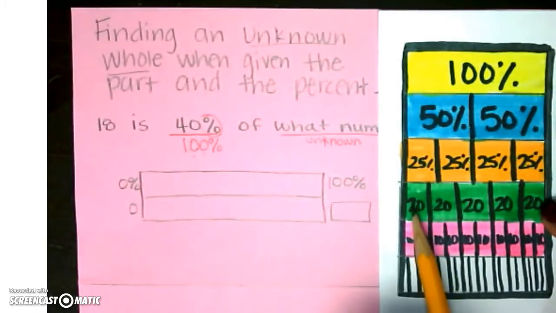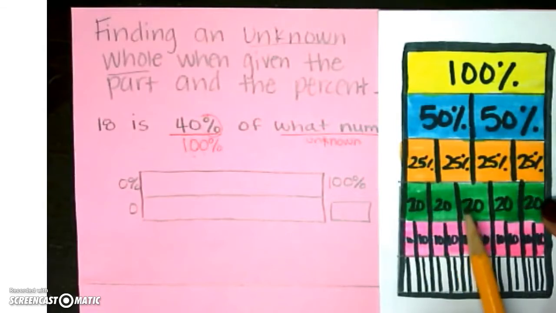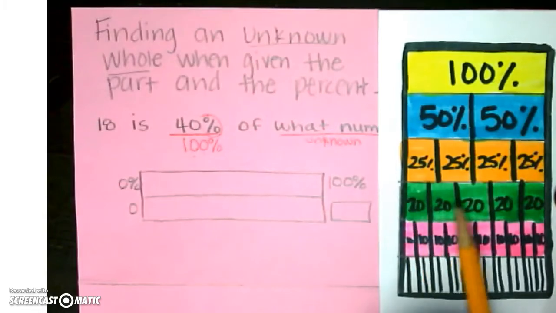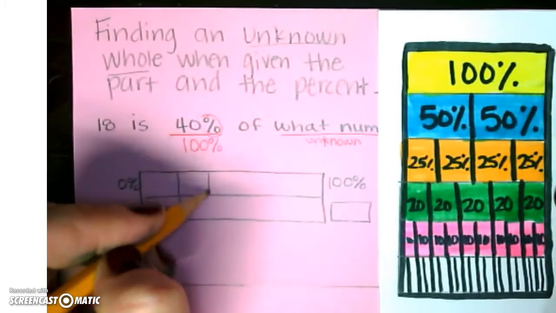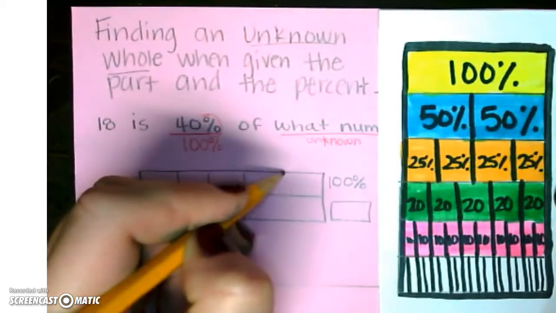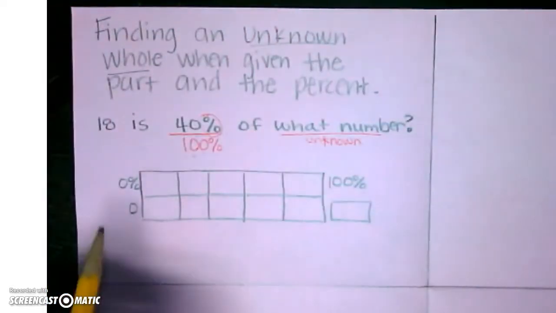But if I cut my diagram into pieces that are each worth 20%, there's 20%, 40, 60, 80, and 100%. So I need to cut this into 5 pieces. So there's 1, 2, 3, 4, and 5.